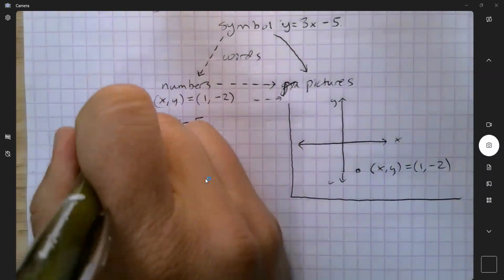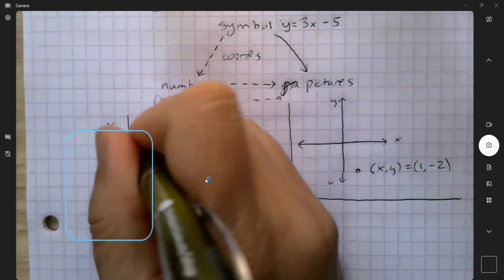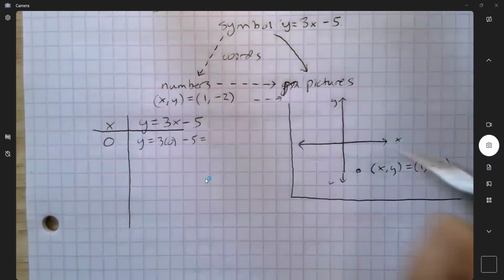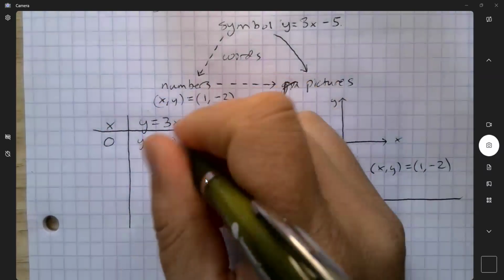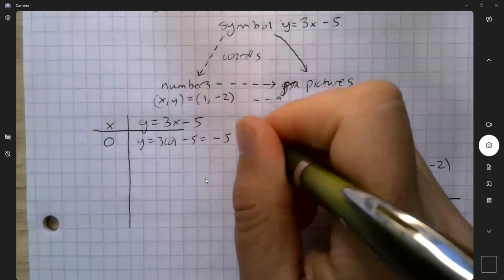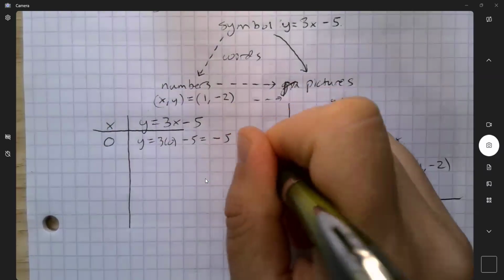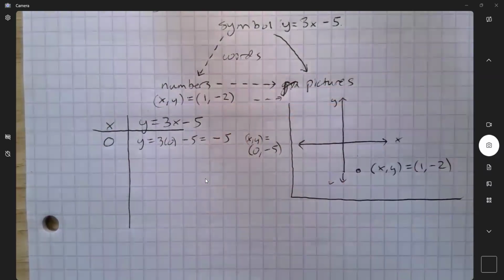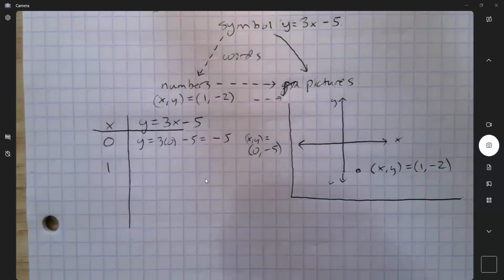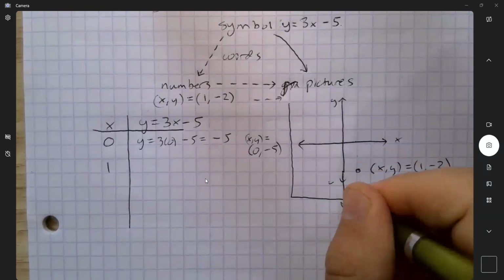So it's always a good idea to start with the simplest x value, which is 0. And that means y is 3 times 0 minus 5, which is just minus 5. So we have the coordinate pair x,y equals 0, -5. Let's hop over here and graph that. 1, 2, 3, 4, 5.